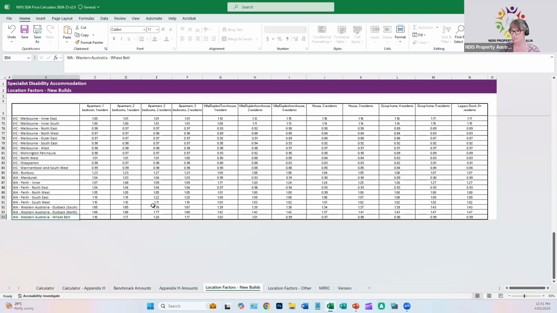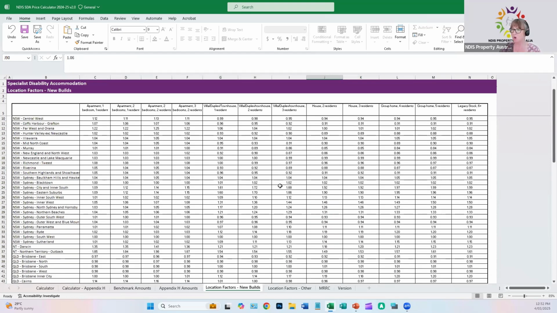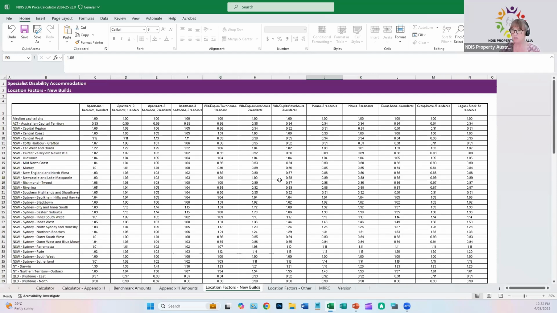Here we go. In the WA wheat belt, 1.187 and 1.2 for apartments, down to 1 virtually on the mark for villas, and under 1 for houses and group homes. So the location factors don't always make sense, but they're all that we've got to work with at the moment.